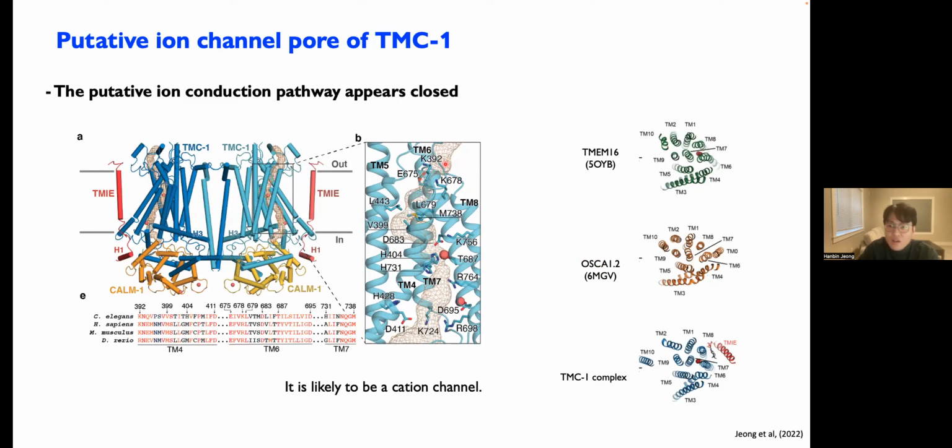And it is not a highly polar pathway, and actually it has a number of acidic residues along the pathway, which is inconsistent with being a canonical calcium channel. The channel we have in our ear is basically a cation non-selective channel, including calcium ions or potassium ions, and we don't really know anything about this channel. But just from the pore-lining architecture here, I would say it is likely to be a cation channel.